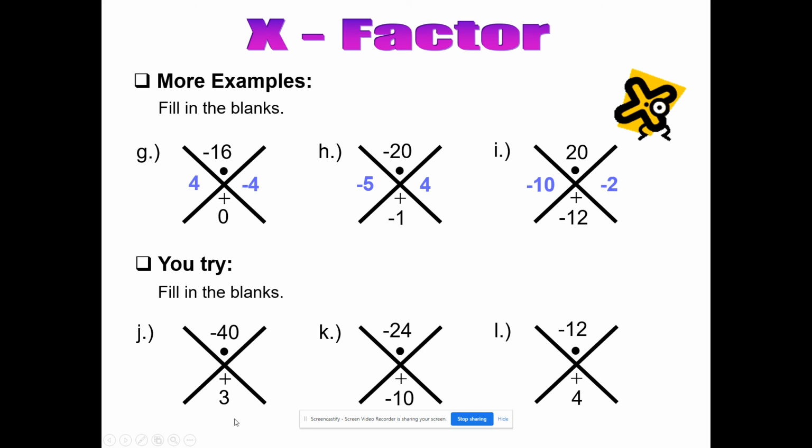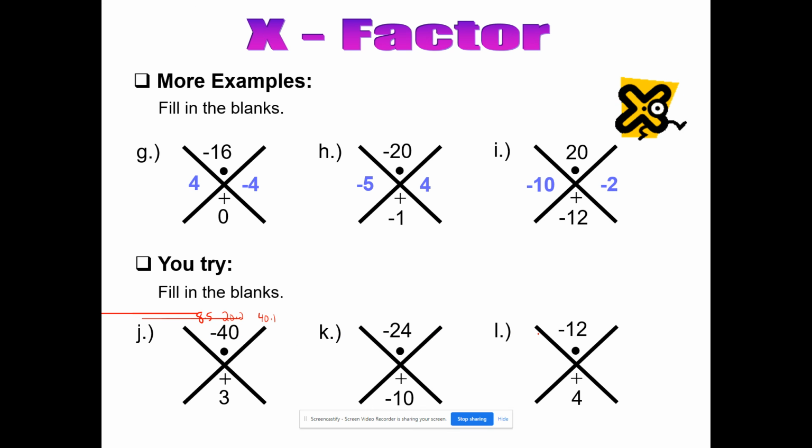Okay, so we're looking at 40. 8 and 5, 20 times 2, and then 40 times 1. And I need to make it a 3. Okay, so 8 minus 5 is 3. And to get a negative, I need one negative and one positive.